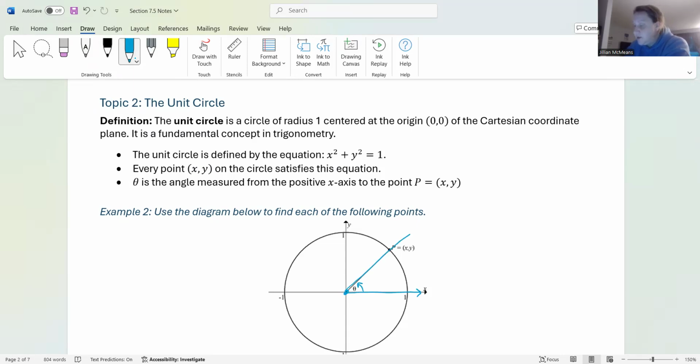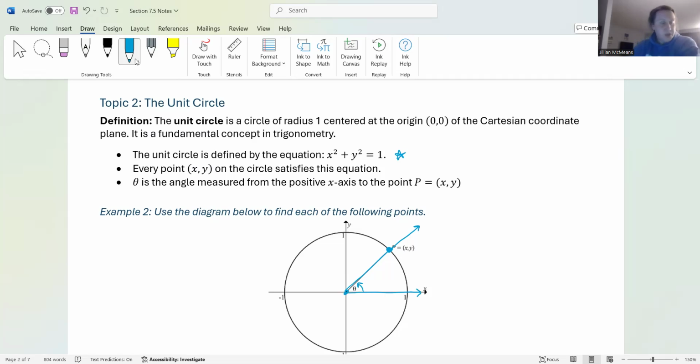We're going to intersect this circle with our angle, and when we intersect the circle, we cross some point P that we're now calling xy. So no matter what size angle you draw on this unit circle, you'll intersect the circle somewhere at some xy point, and it doesn't matter which xy point you choose. If you were to plug it in here, it would satisfy this equation.